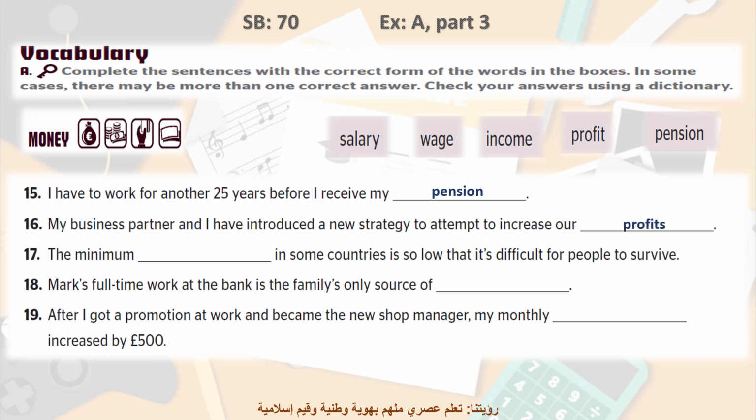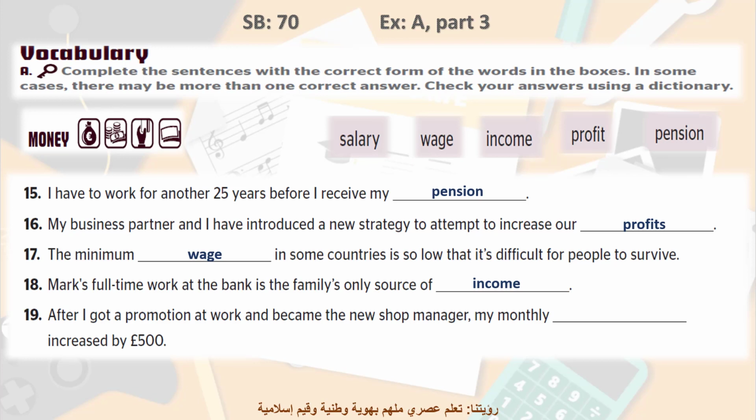Number 17. The minimum wage in some countries is so low that it's difficult for people to survive. Yes, wage. Number 18. Mark's full-time work at the bank is the family's only source of income. What about the last sentence? 19.